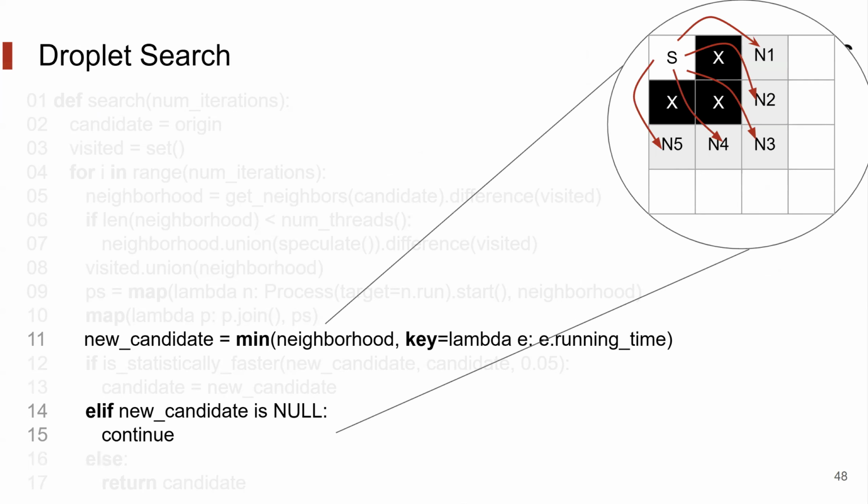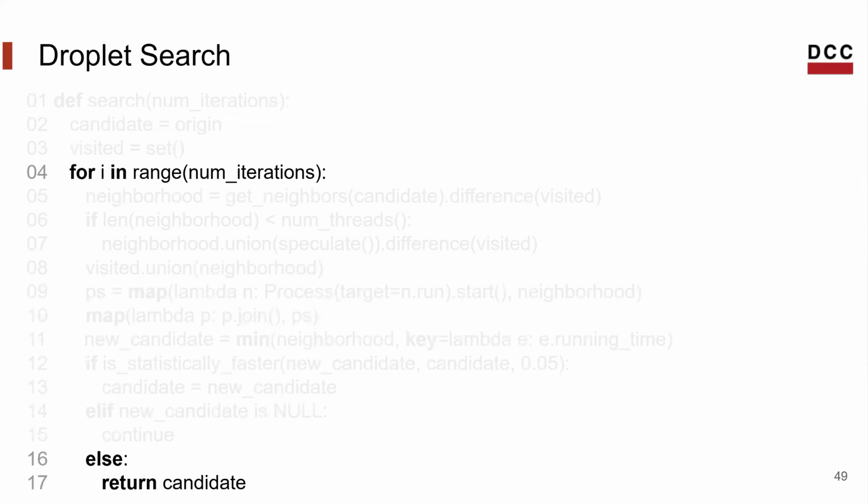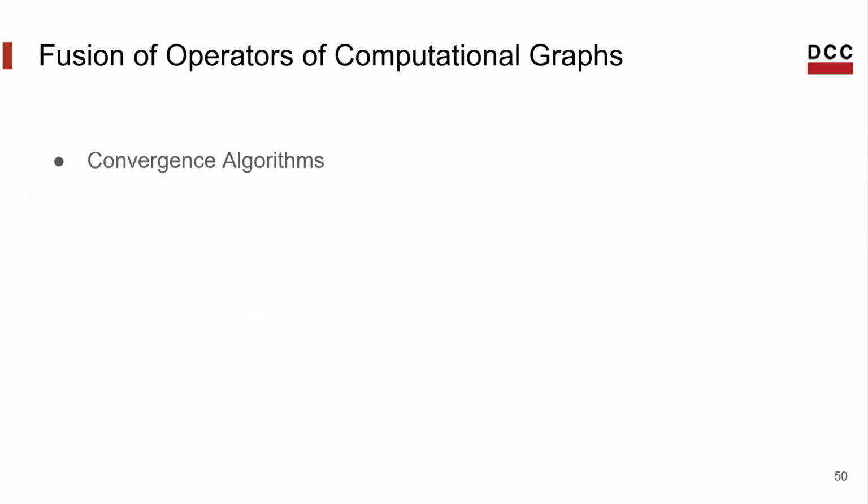It skips the invalid solutions and performs the next neighborhood. And finally, we return the best candidate if we don't have a better one or if the number of iterations is over. Using convergence algorithms such as Droplet Search can speed up the discovery of optimal solutions.